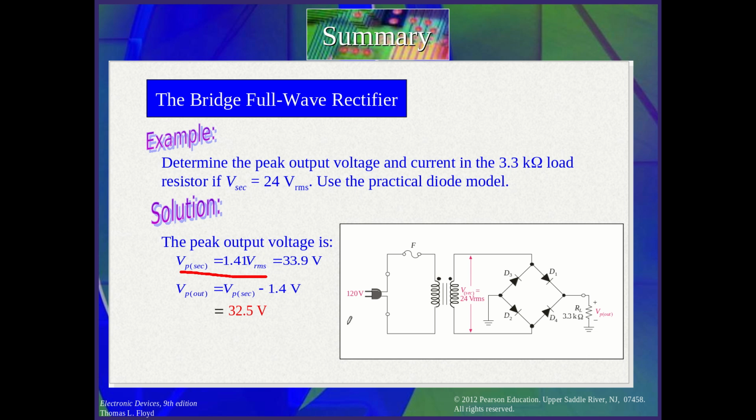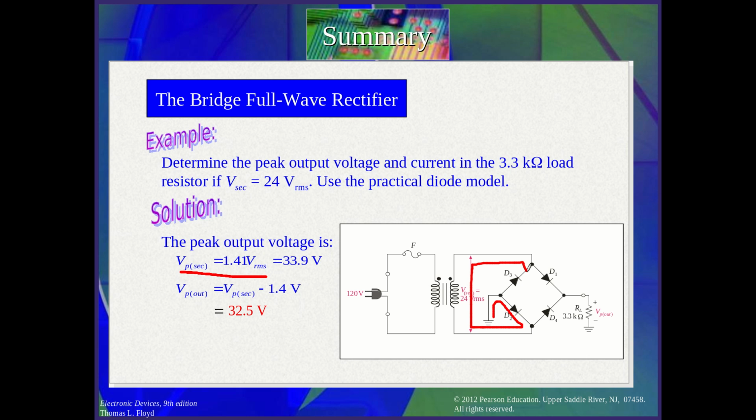Now let's see. What I can see at the output is the voltage V out equal to V secondary, that's here from this point to this point, minus 0.7 for the diode, because the current comes from this side to this side.